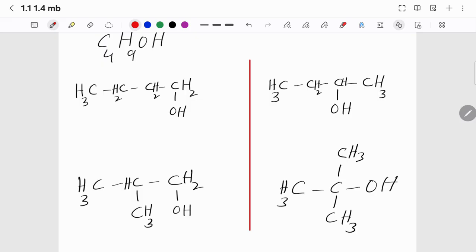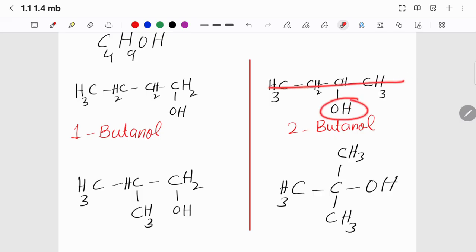What would be the name for the first one? It is butanol, or you can say 1-butanol, because the hydroxyl group is attached with the first carbon. And it is 2-butanol. Why? Because the hydroxyl group is attached with the second carbon and it's a 4-carbon chain, so butanol.